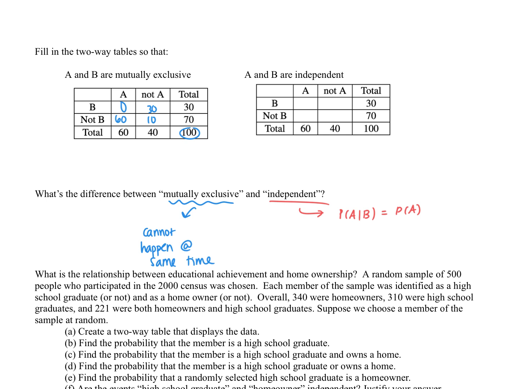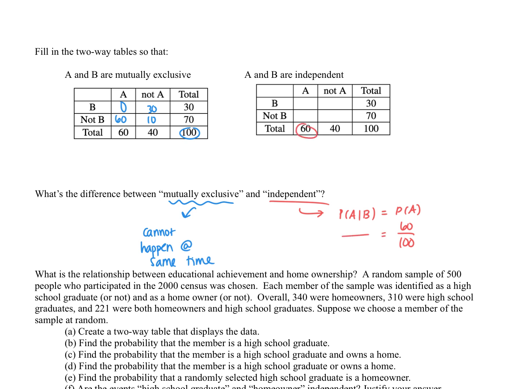It's still just the probability of A. Well, if we look on the table, what is the probability of A? 60 out of a total of 100. And all we're looking at is the whole A column right here.